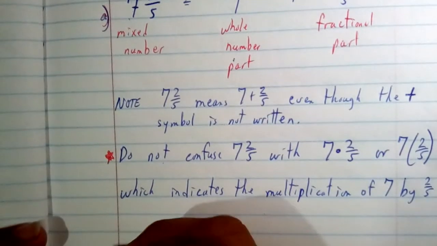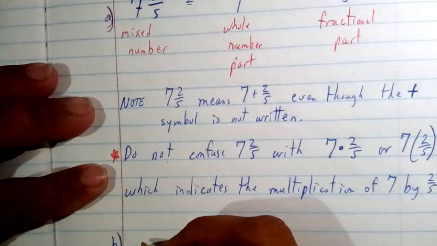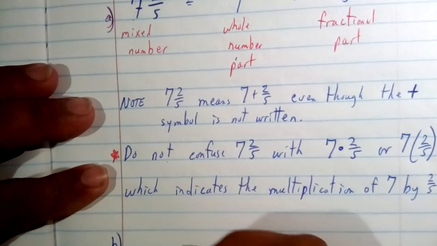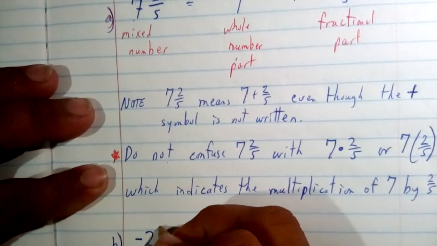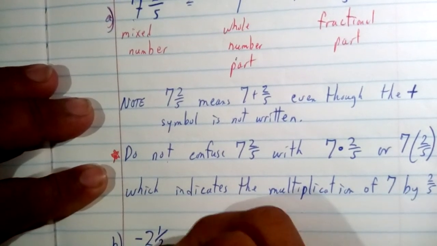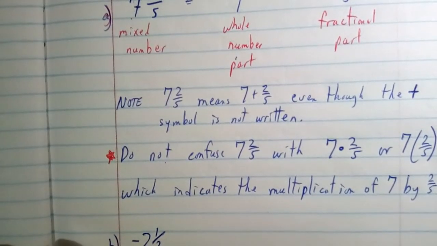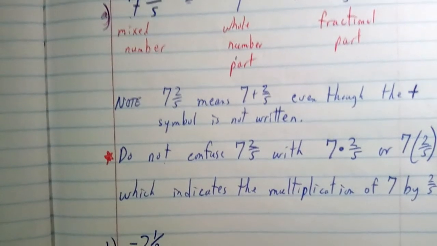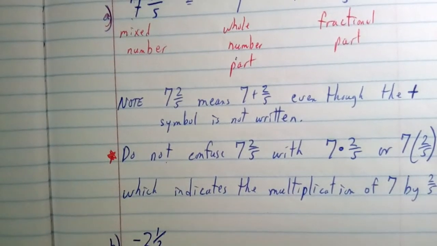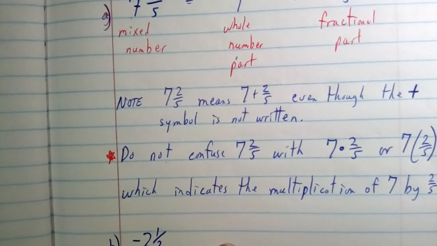So take a next example, B. If I have a mixed number, say for example we have negative 2 and a half. Now this is working with negatives. It works just as with positive mixed numbers. For example, the mixed number negative 2 and 3/4 could be used to represent the positive value.